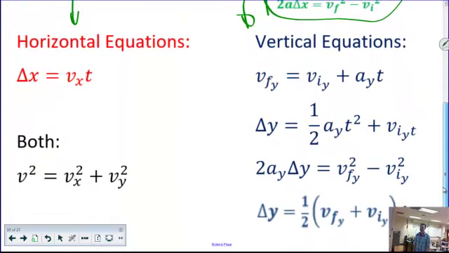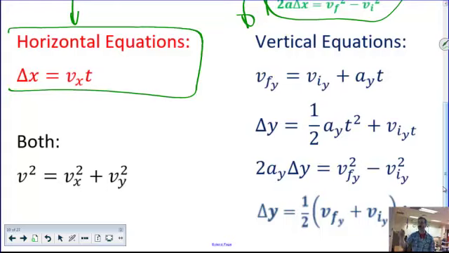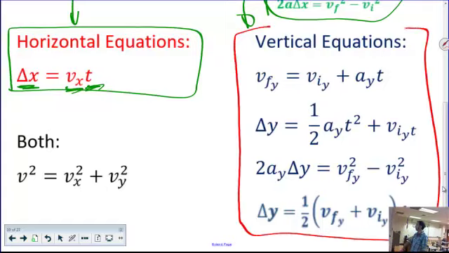So here are the equations that we're going to use. Horizontally, this is the only equation that we've got to deal with the horizontal motion of an object: the horizontal displacement is equal to the horizontal velocity times the time. But vertically, there's a lot more going on. Our vertical velocity changes. Notice, these are all those same equations that we had before, but I've added in a bunch of y's here. So our final vertical velocity is equal to our initial vertical velocity plus our vertical acceleration times our time.